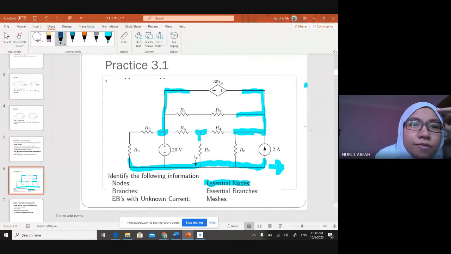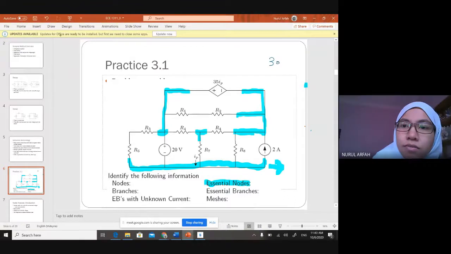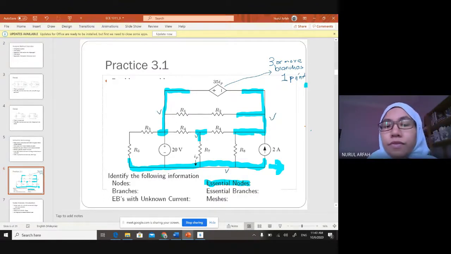Yes, it's four. An essential node is when you have three or more branches connected at a single point. So this one, two, three, and four.